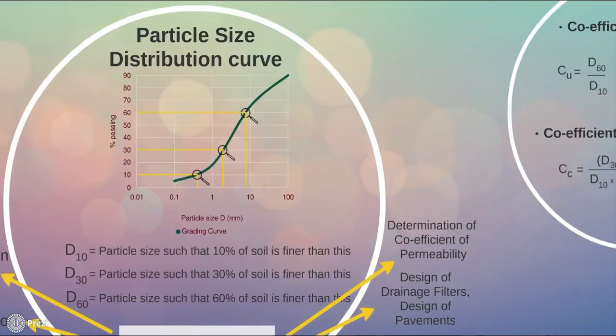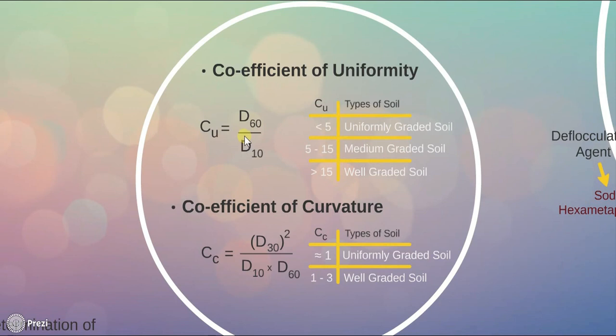Moving forward, D60, D30 and D10 define two quantities which are known as coefficient of uniformity and coefficient of curvature. Formula for coefficient of uniformity is Cu = D60 / D10. If Cu is less than 5, the type of soil will be uniformly graded soil.